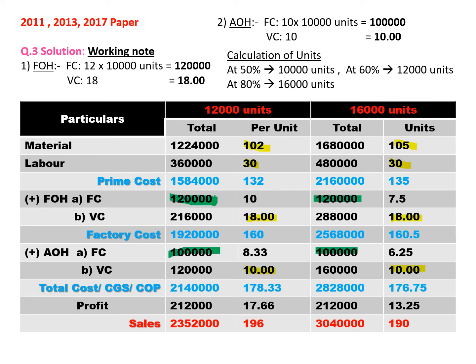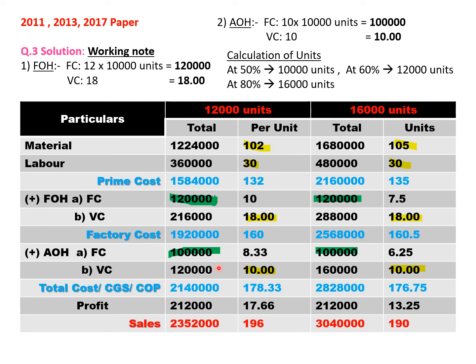Students, kindly look at the flexible budget. We need to prepare it at 12,000 units, 60%, and at 16,000 units, 80%. The yellow highlighted is variable cost per unit.